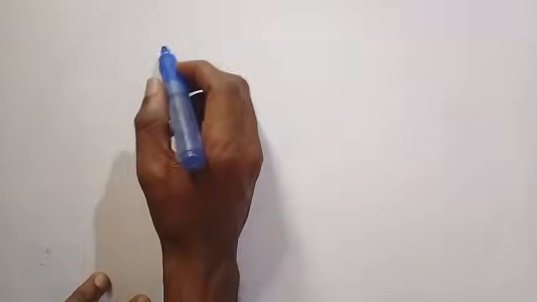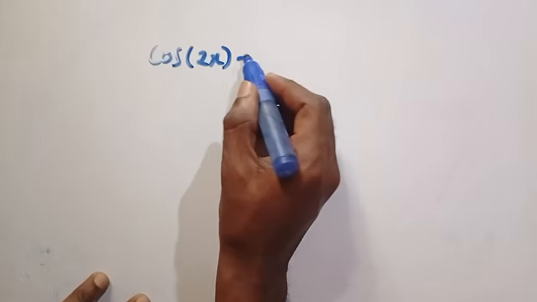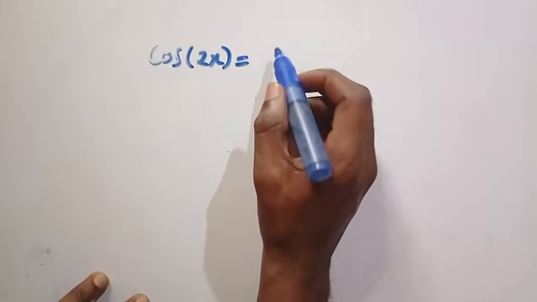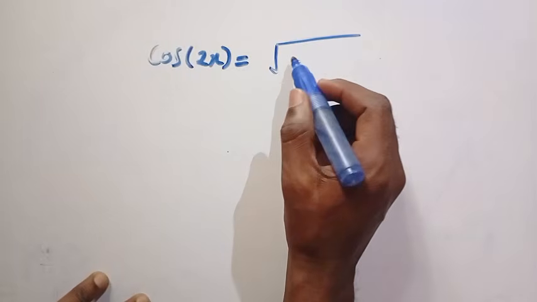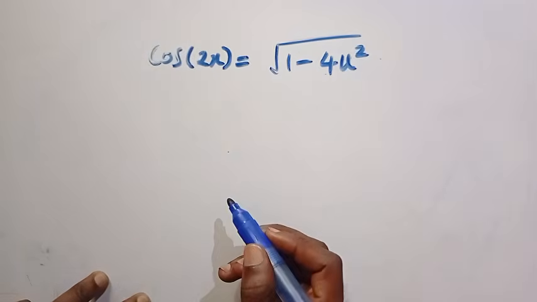So with that conclusion, we are going to take the branch which is the positive part, and we have cos of 2x giving us the square root of 1 minus 4u squared.